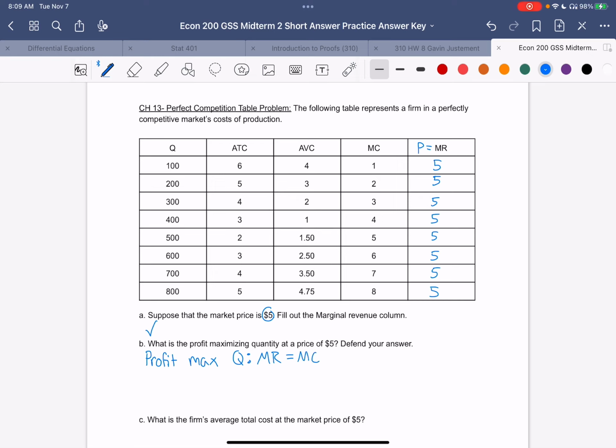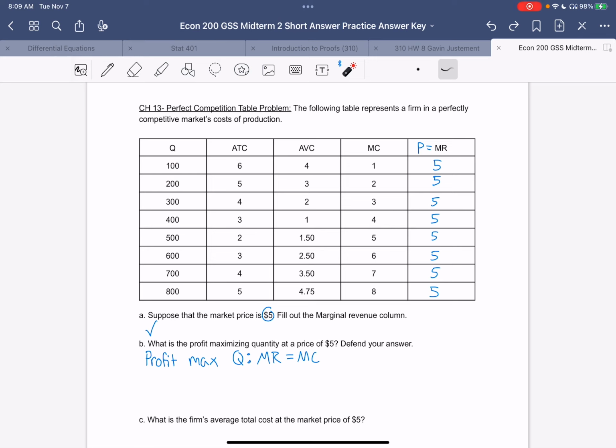So what you want to do for these table problems is you want to first see, okay, should I produce these first 100 units here? So should I first produce these 100 units? And what you do is you compare the marginal revenue versus the marginal cost.